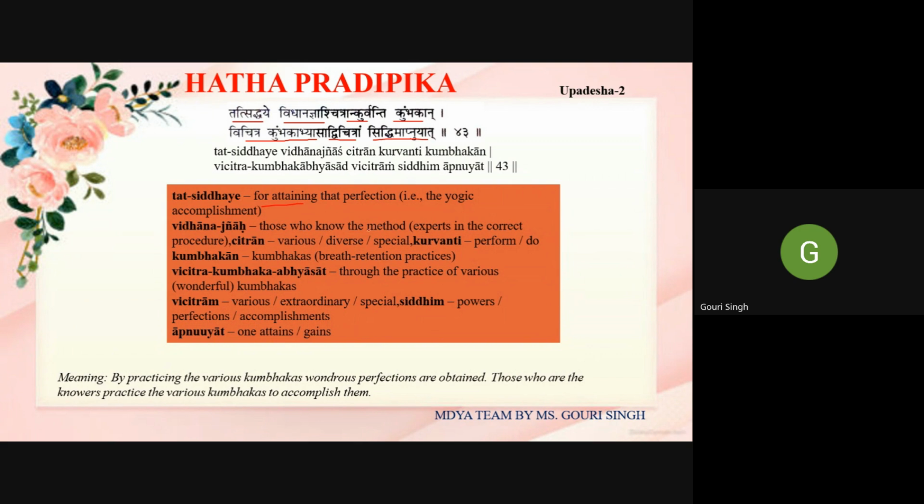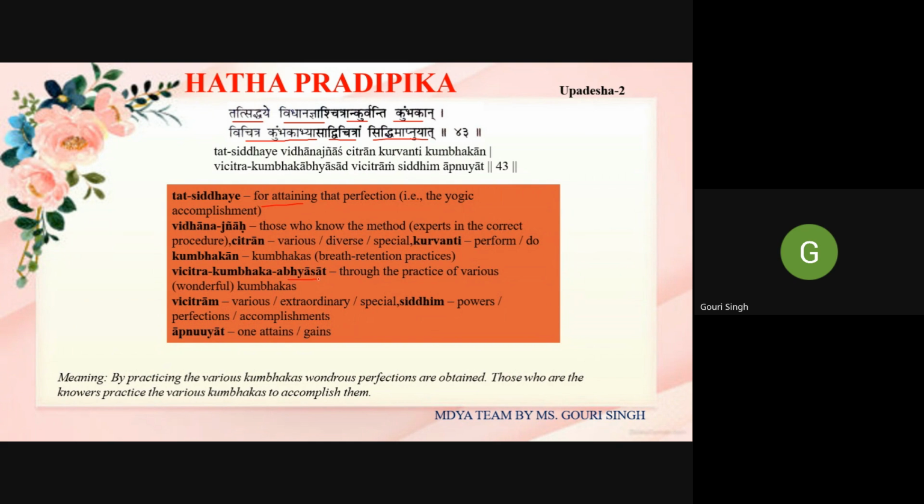Chitram means the various or special kumbhakas. Those experienced people use various kumbhakas, mostly the special ones, through Vichitra Kumbhaka Abhyasa.